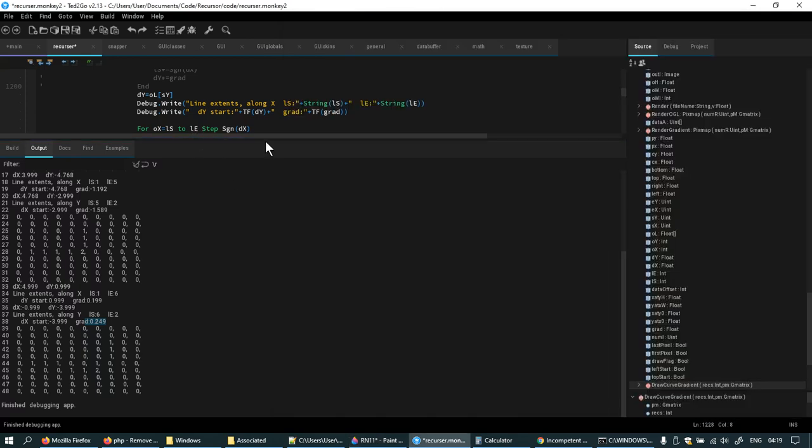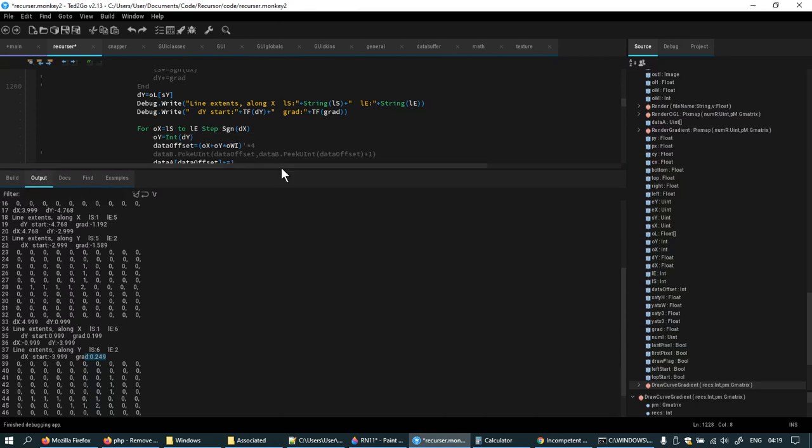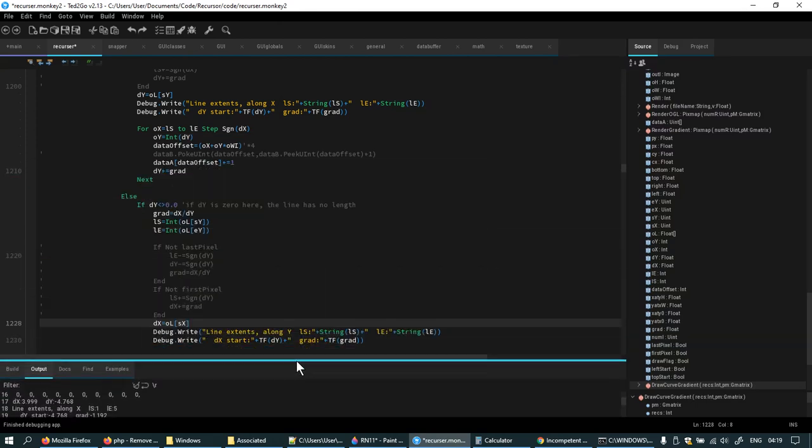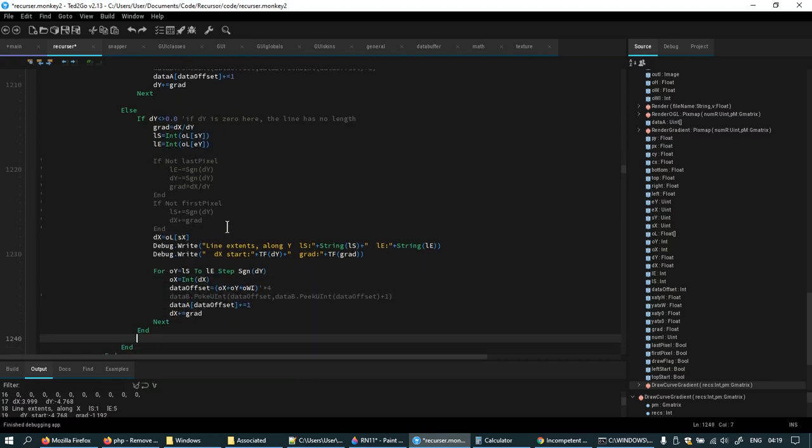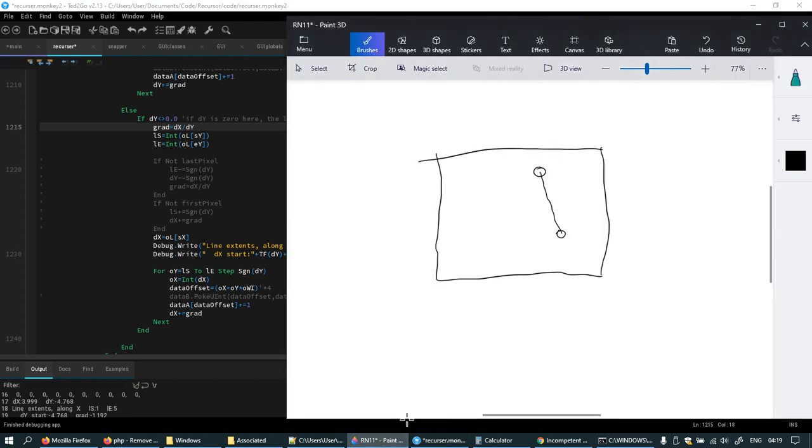And the way that I'm figuring out grad, that is the way it would come out. If I think about the sort of the quadrants of what the dx and dy end up being, I am saying grad is dx divided by dy.